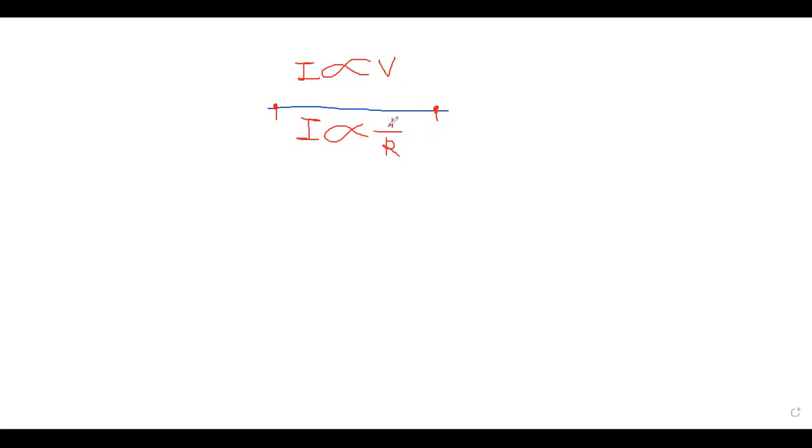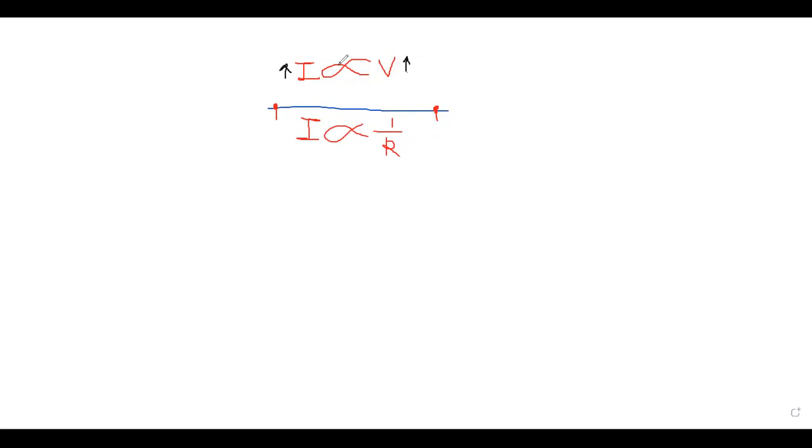And what that means is that when the voltage between these two points increases, let me use a different color for that, when the voltage increases, the current will also increase.